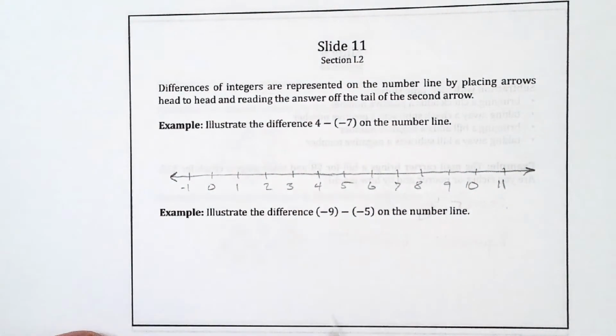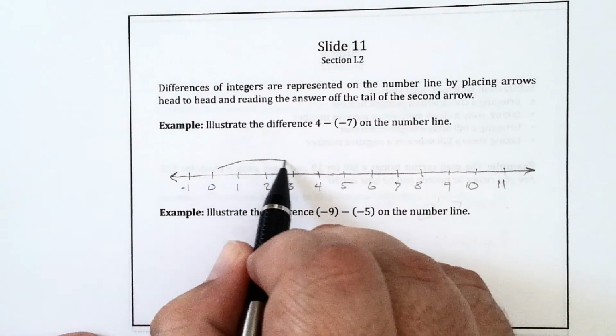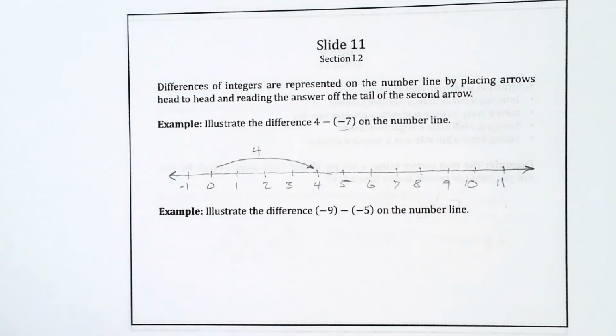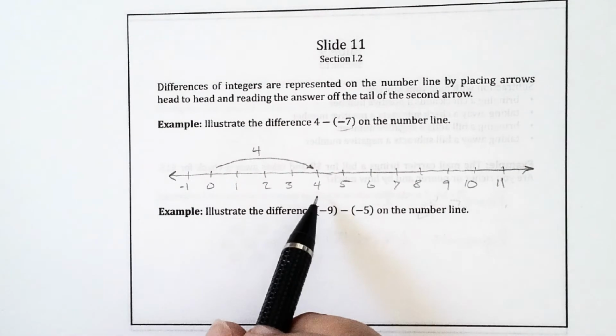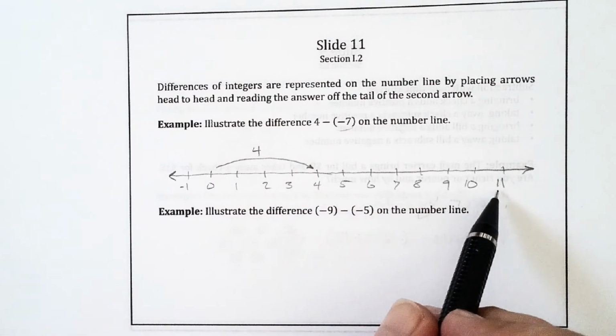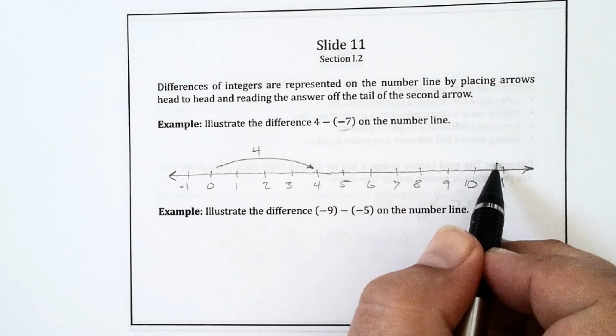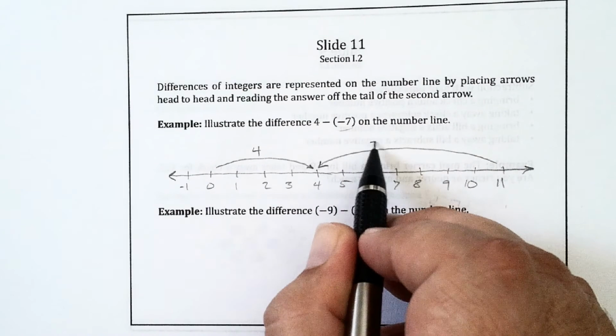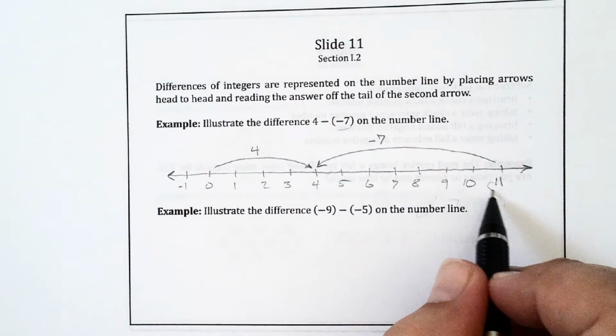So start with the 4 arrow, 0 to 4. And then I need a negative 7 arrow. And it needs to be head to head with the 4 arrow. So it means I'm going to have to count up 7 units, which gets me to 11. And I have an arrow pointing from 11 to 4, and that's the negative 7, and the answer is the 11.